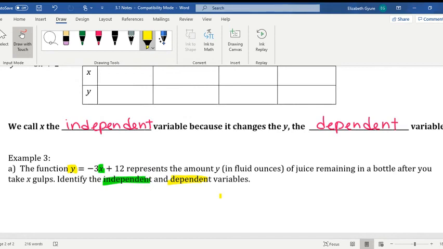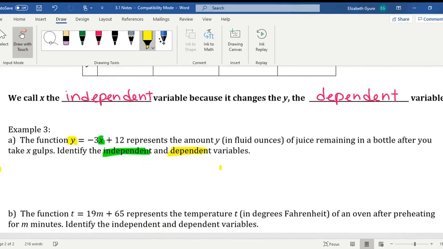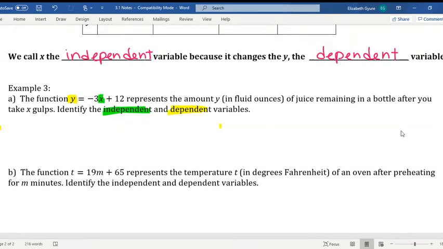Now, let's think about it in terms of this problem. This is like you have a bottle full of liquid, right? Each time you take a sip, what happens to that liquid? It goes down. What if you take a really big sip? What if you take a really little sip? Don't the sips you take affect the amount of liquid in the bottle? Don't you get to decide how many sips you take?